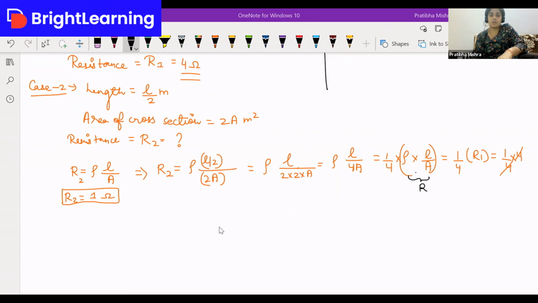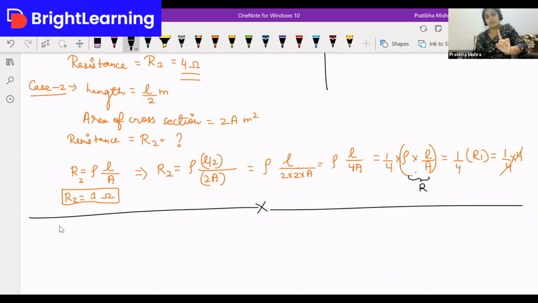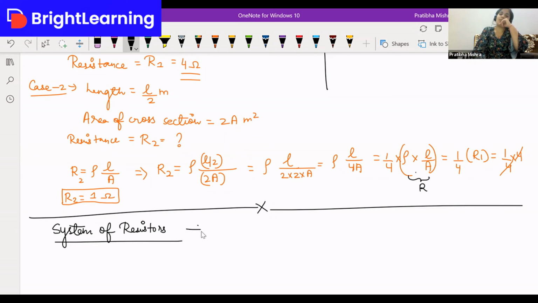Okay. Now, I'll just explain one small thing and then you can leave. So, the system of resistors, which we'll take in the next week. I think tomorrow you'll have your maths class. Okay, that's why. System of resistors. What does this mean?